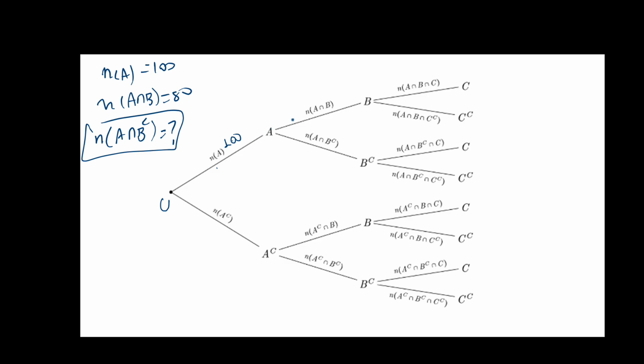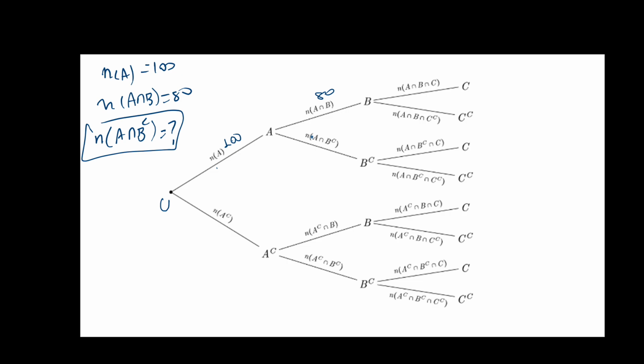So I will represent in my branch this. This is 80. So if you see a tree where this is 80, it doesn't mean that B has 80. No. Take the path. It means that being in A and in B has 80. Okay?